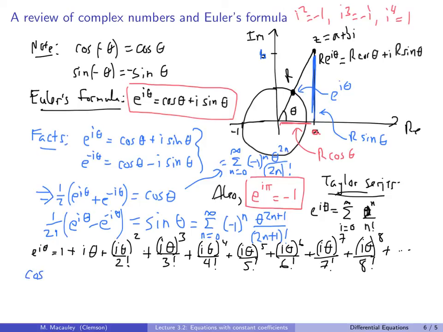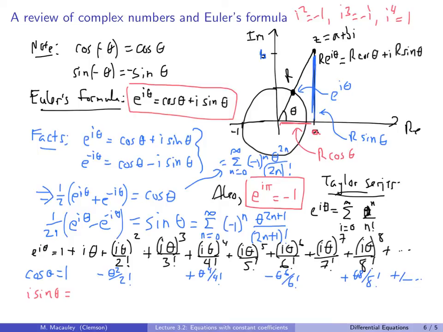Okay, so let's do the cosine series. Cosine of theta is, remember, just the even terms of this, but the signs flip, so it's going to be 1 minus theta squared over 2 factorial plus theta to the 4th over 4 factorial minus theta to the 6th over 6 factorial plus theta to the 8th over 8 factorial plus minus etc. And let's take the sine series and multiply by i.